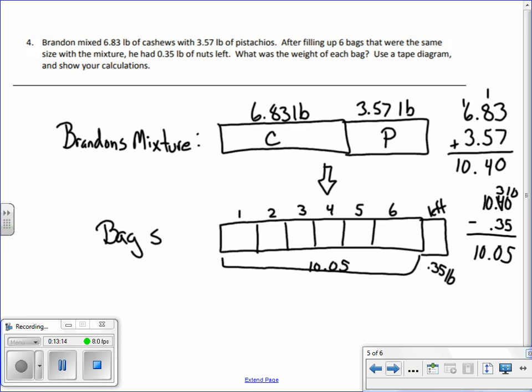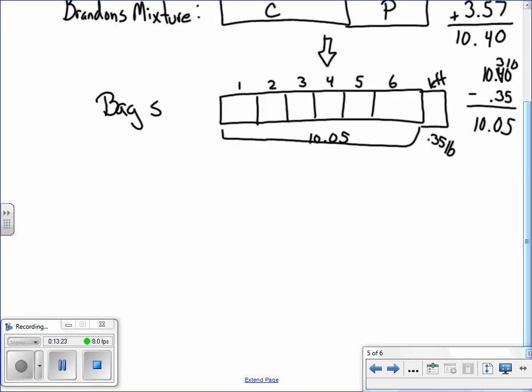That is the amount that we need to fit into the 6 bags, the 10.05. So what we're now going to do, and I'm going to extend the page a little bit so we can see it, is take 6 and see how many times it can go in. 6 cannot go into 1. 6 can go into 10 once, which gives me 6. 4, bring down the 0.